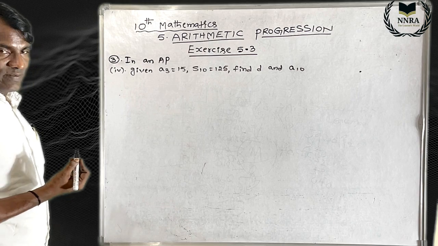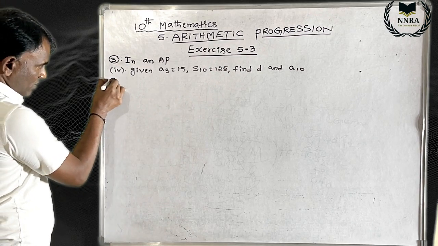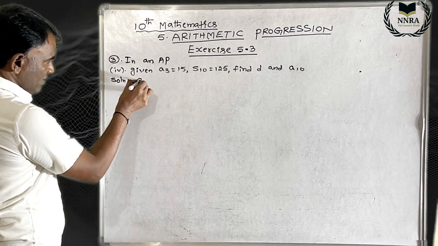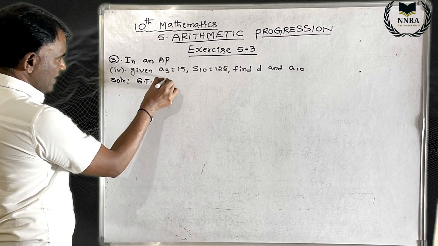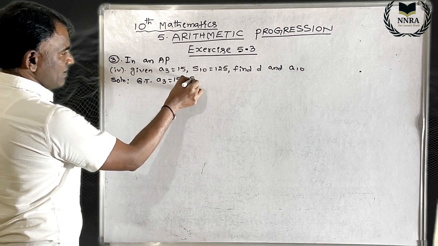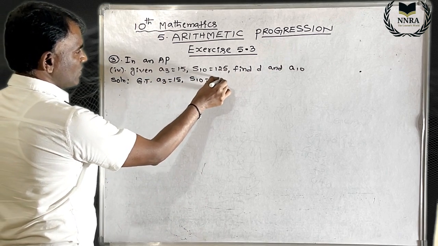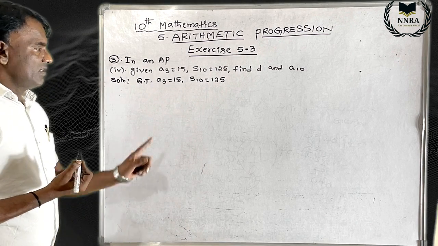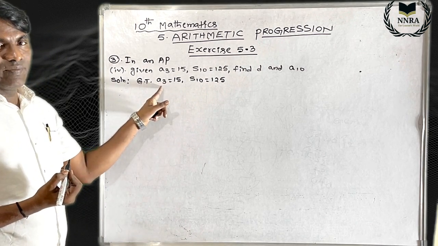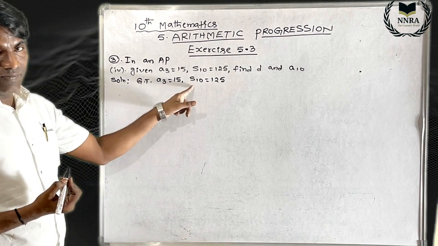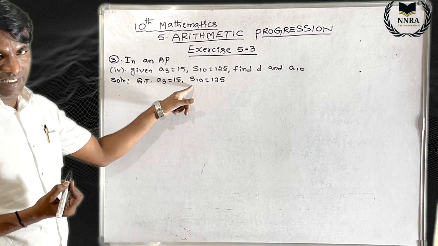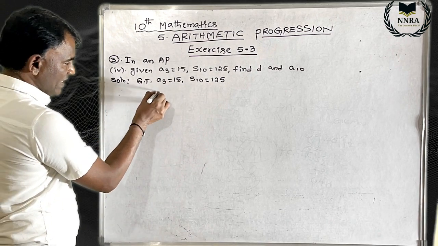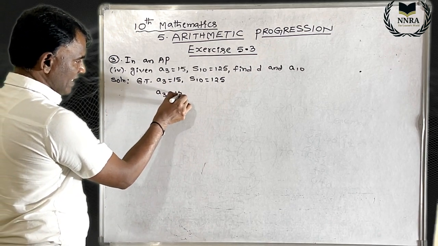Now this is the fourth sub question. So what is the given data? A3 value is given, right? That is 15. S10 is given, that is 125. So A3 means the third term. S10 means the sum of the first 10 terms, right? So again I am taking A3, that is 15.